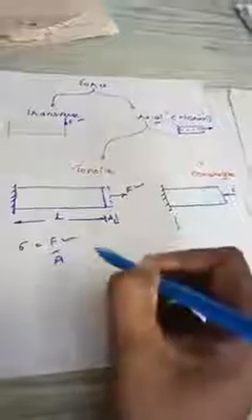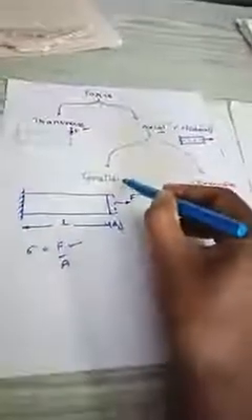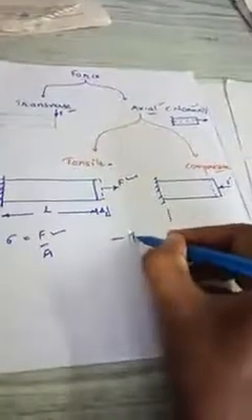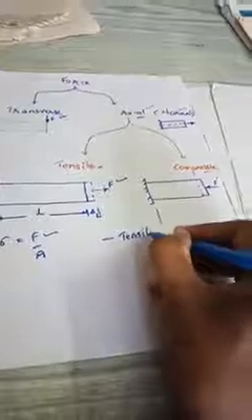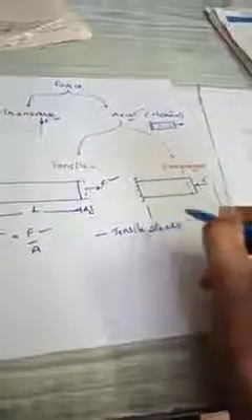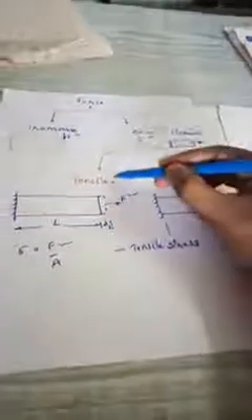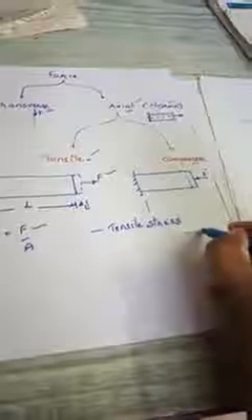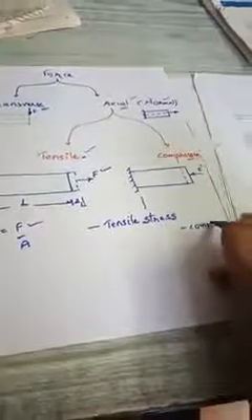If the tensile force is acting on the member, the stress is called tensile stress. Why? Because the force is tensile. If it is a compressive force, we call it compressive stress.